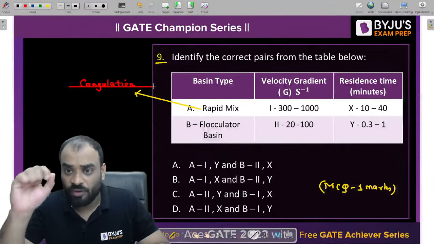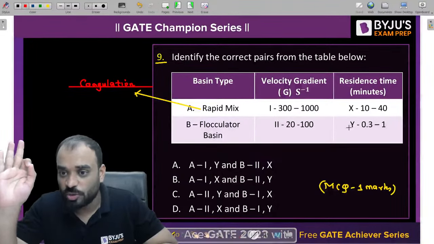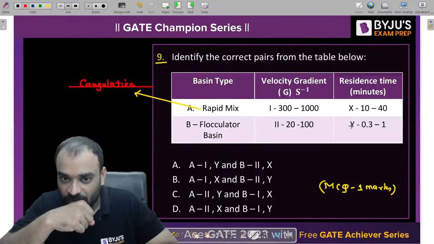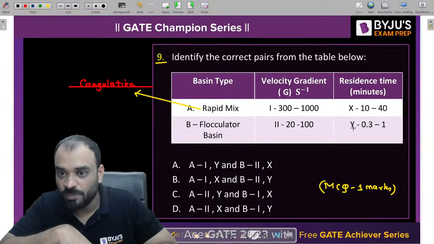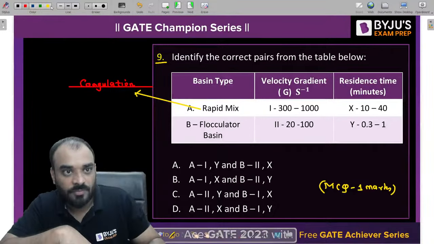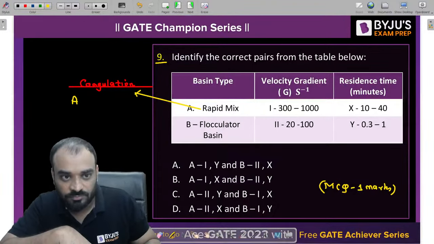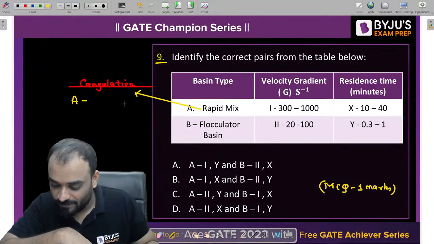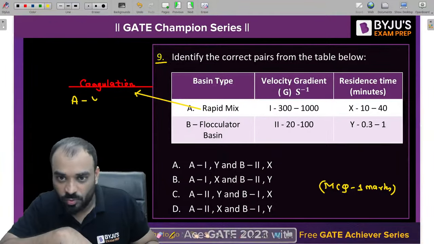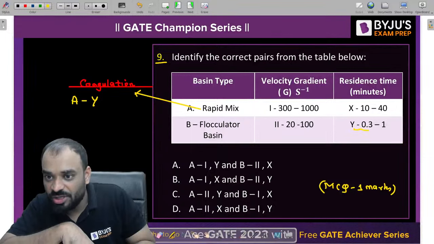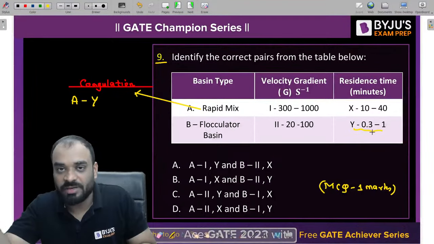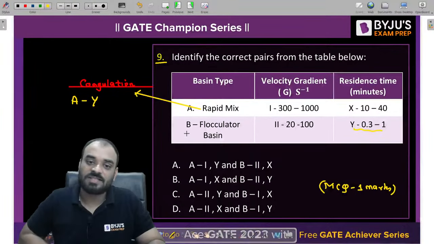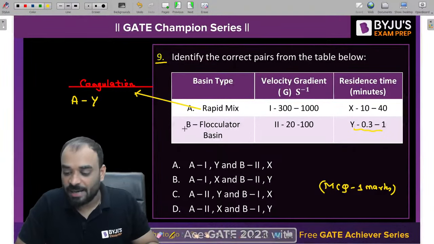So tell me guys, for A it should be X or it should be Y? It is Y. Why? Because the time duration which is required is 0.3 to 1 minute, which is a very less duration, and such type of duration we need to put in the rapid mixing process.